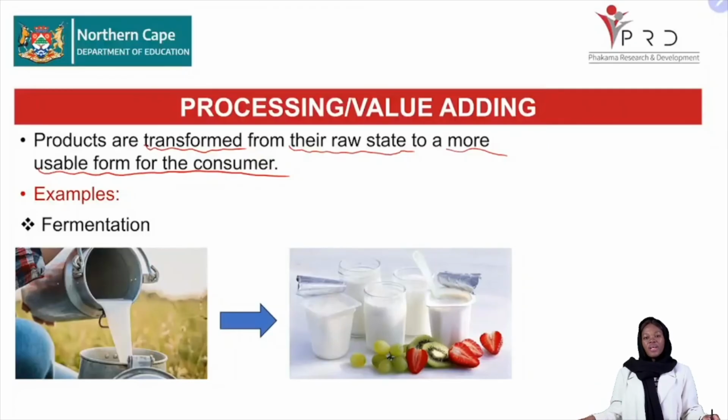Now, there are different examples of processing or value adding. Firstly, we can name fermentation, where we can take milk and process it into maas, or yogurt. That is fermentation, as shown in the picture below.